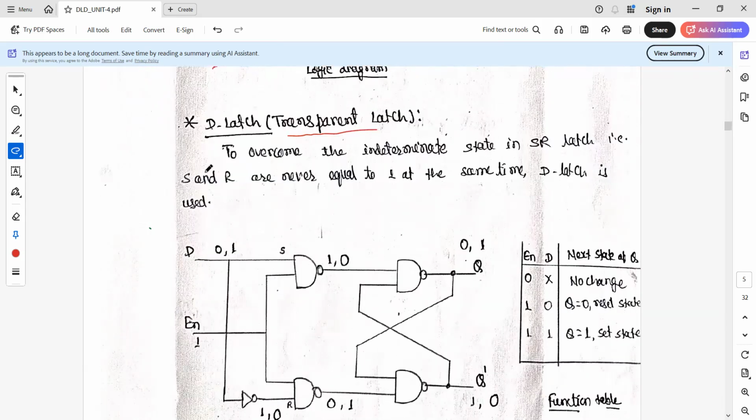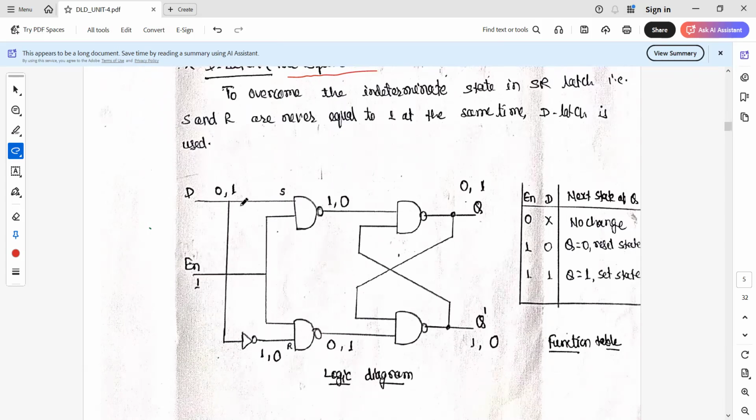Since in the D latch we have only one input, in place of S and R, what we have given earlier, D is connected to S, whereas the complement of D, with the help of an inverter, is connected to R. So S and R will never be equal. If S is 0, R will be 1. If S is 1, R will be 0. And here enable is 1, same as before.